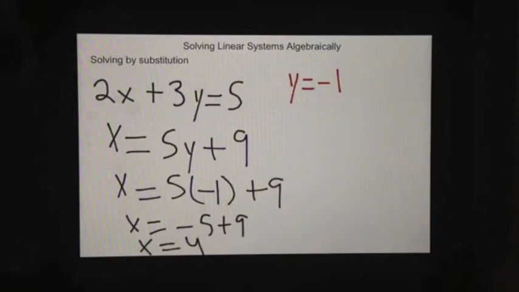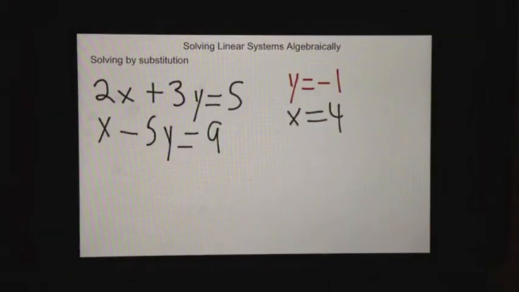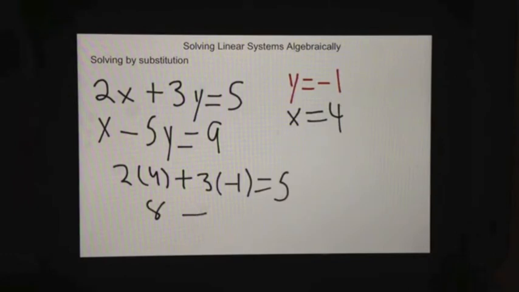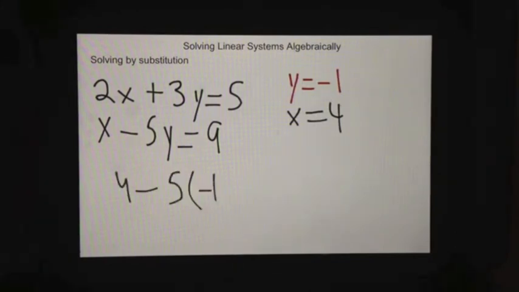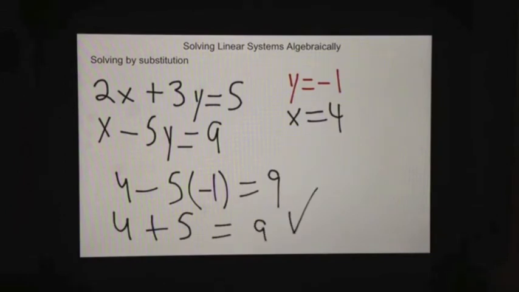So the solution to this system is x equals 4, y equals negative 1. You can now check this algebraically. Just plug in your x and your y's. So the answers to your system are correct.